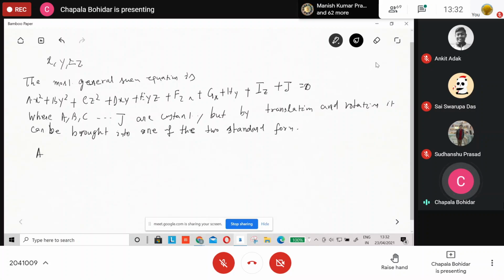That is your ax square plus by square plus cz square plus j equal to 0, or ax square plus by square plus i of z equal to 0.